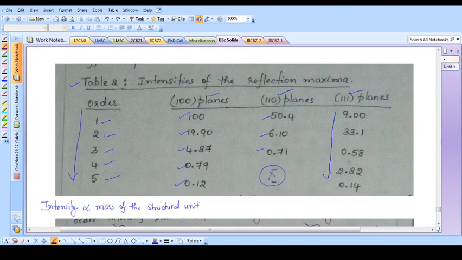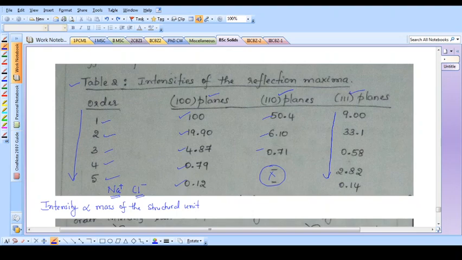Actually intensity is directly proportional to a term which is called the scattering factor. Let us not go into that much detail. So in a very simple way, you can say that intensity is directly proportional to the mass of the structural unit. What does it mean? In sodium chloride you have two entities, structural units. One is sodium plus ion and chloride ion, and these particles don't have the same mass. Chloride ion is heavier compared to Na plus.